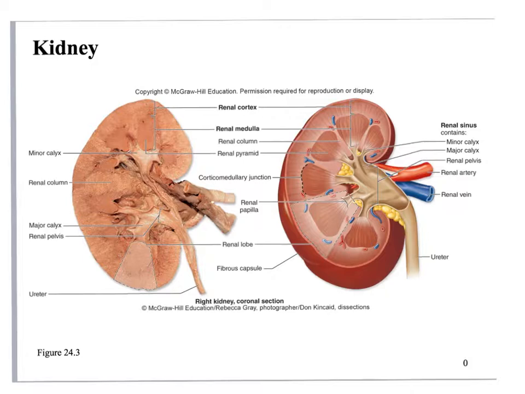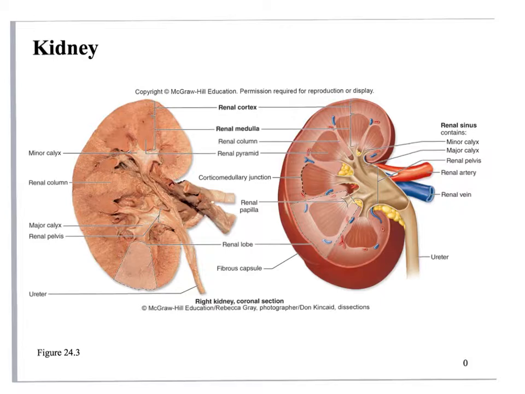Okay, so the renal sinus contains the minor and major calyces and the renal pelvis, so all of this right here. In your dissections of the kidney in lab, when you cut that in half, all of that yellow latex was where urine would be collected. So all of where that yellow material was is called the renal sinus.